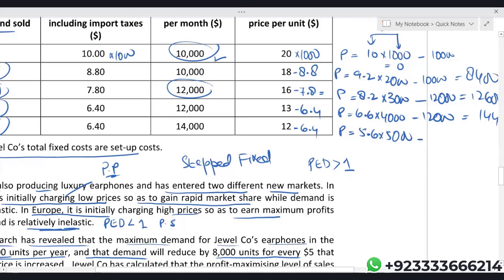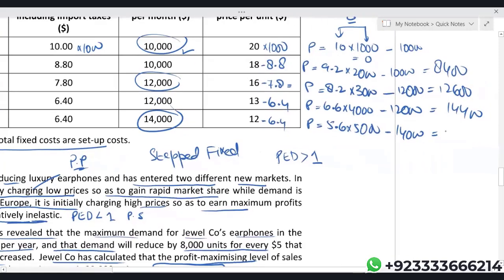Now, 5.6 multiplied by 5,000, I'm getting a contribution of 28,000. But now the fixed cost is 14,000, so the profit is 14,000.